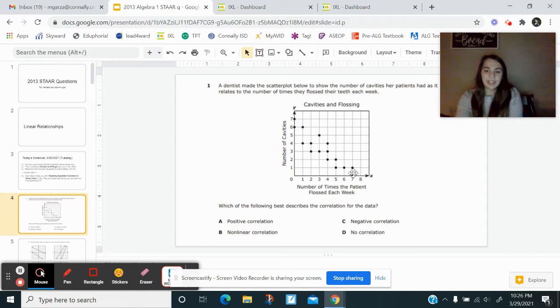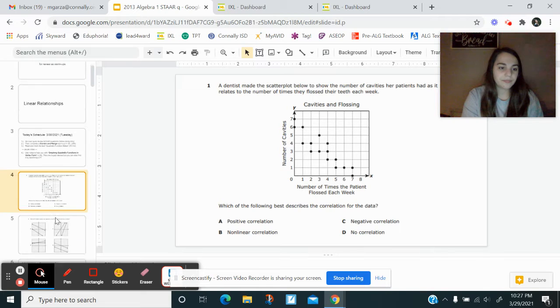We have to decide if the line that we drew was positive correlation, negative correlation, nonlinear, or no correlation at all. We can automatically eliminate nonlinear because this does create a line. It's not no correlation because it does create a line. We got to figure out if it's positive or negative. Easy to see, it's negative. Positive would be going up this way. Okay, so C is the answer for that.